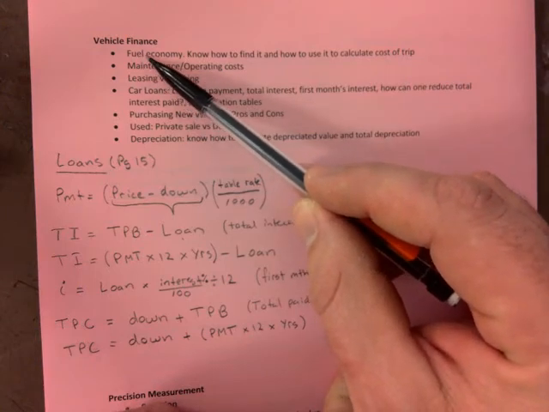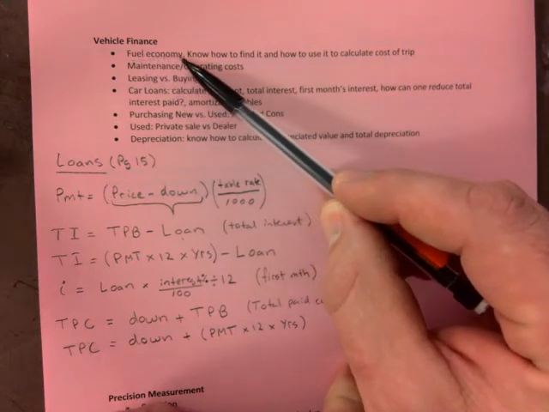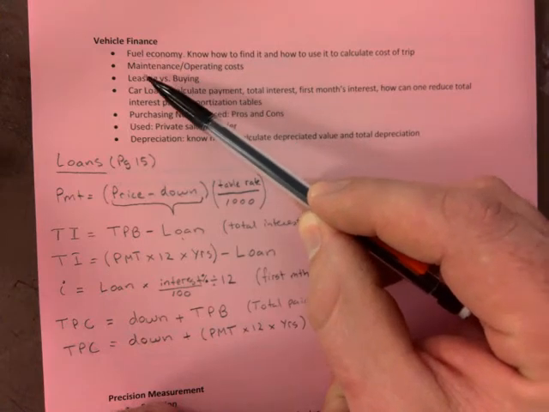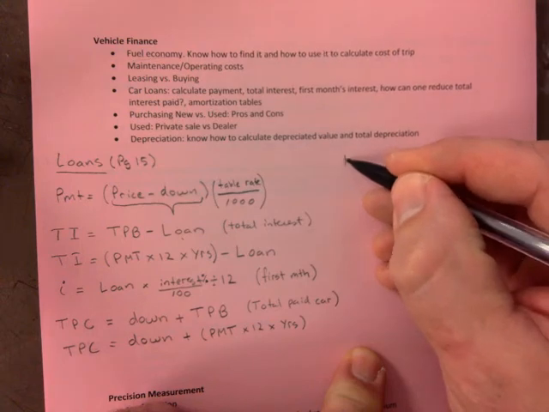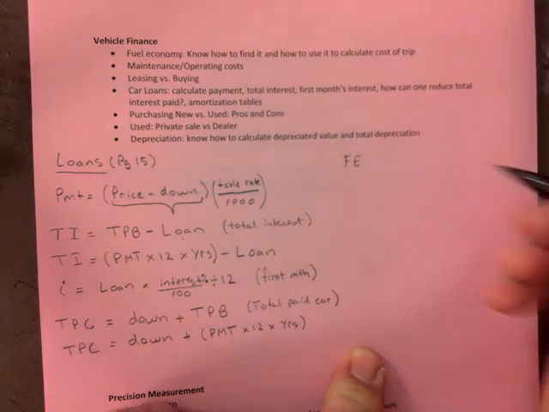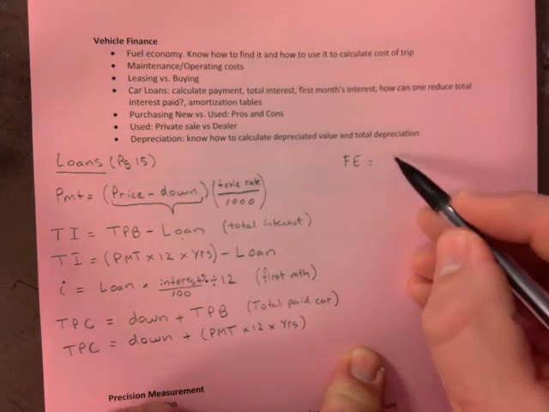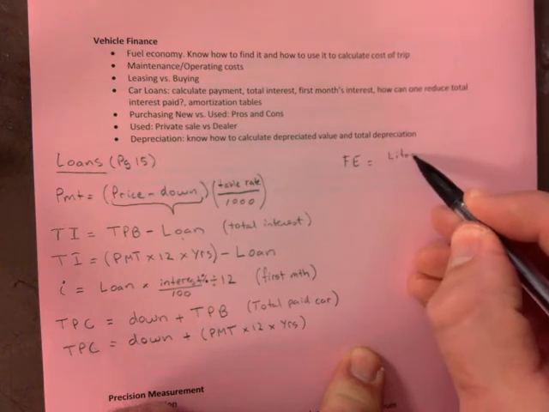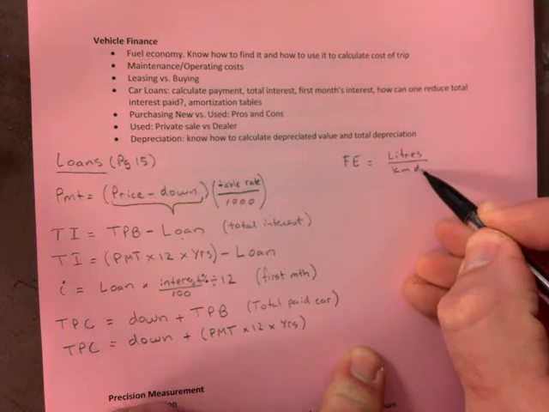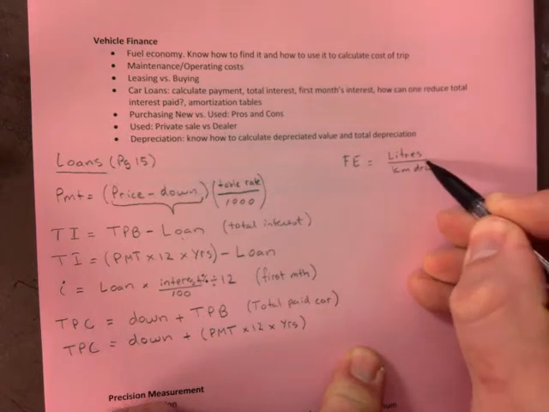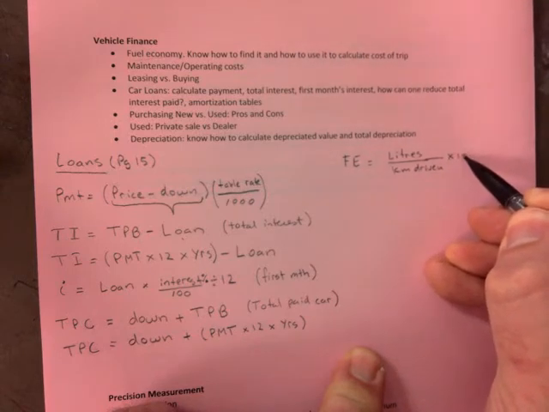You're going to need to review fuel economy. It's towards the end of that booklet. And fuel economy, right? Fuel economy is always liters that you've used over kilometers driven, times 100.